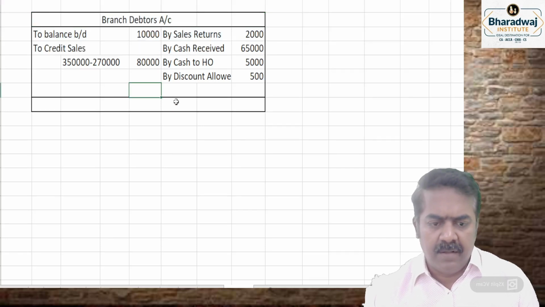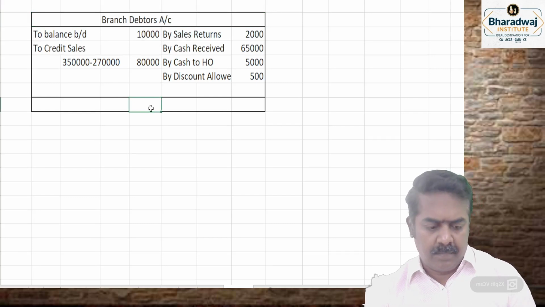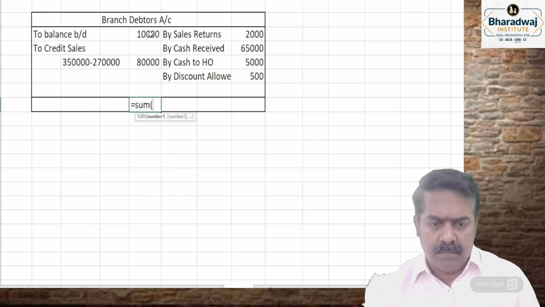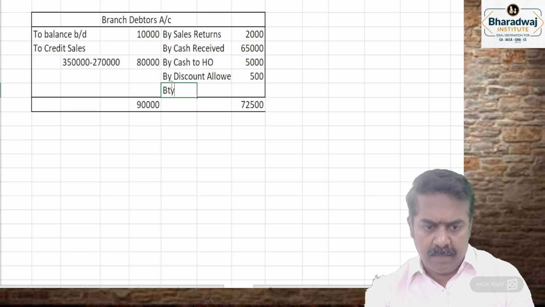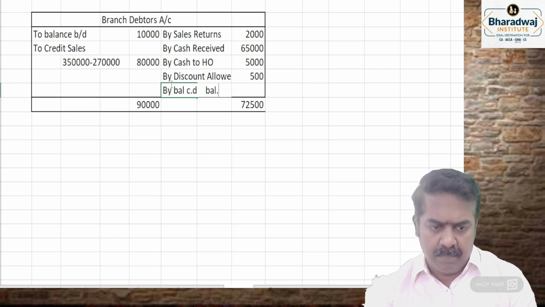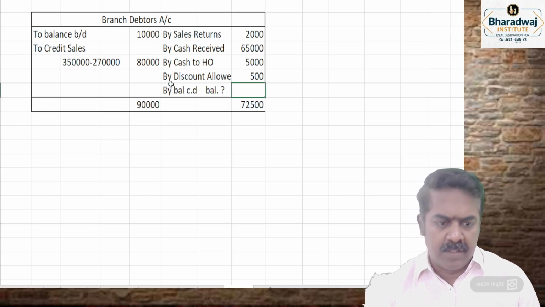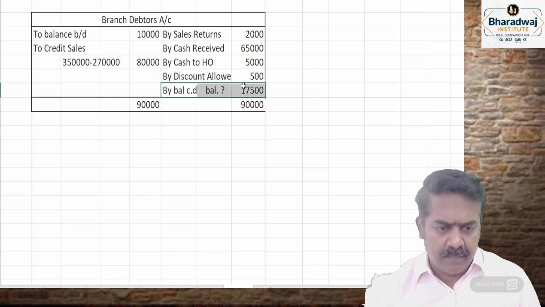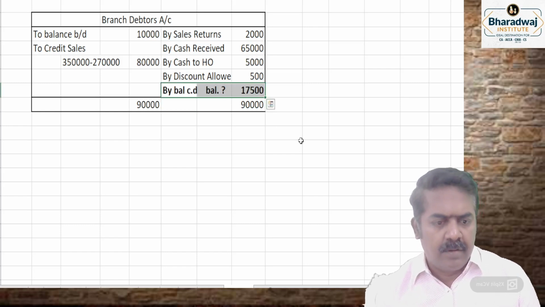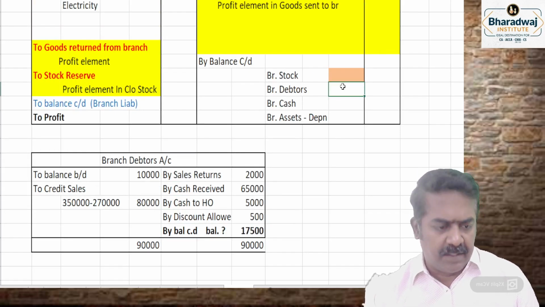Anything else missing? Tally this and find out what is the closing balance. So this will be recorded as closing debtors 17,500.